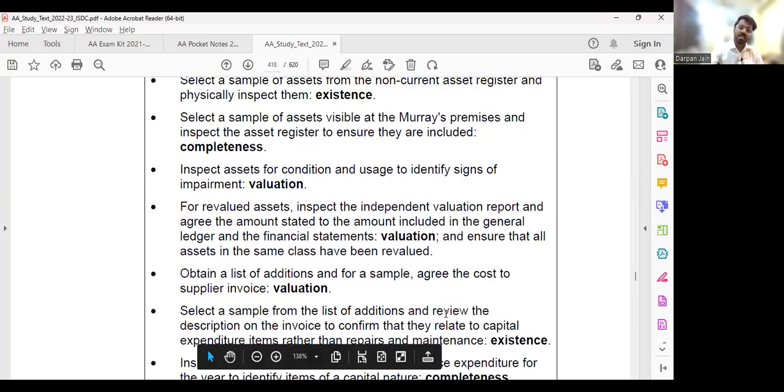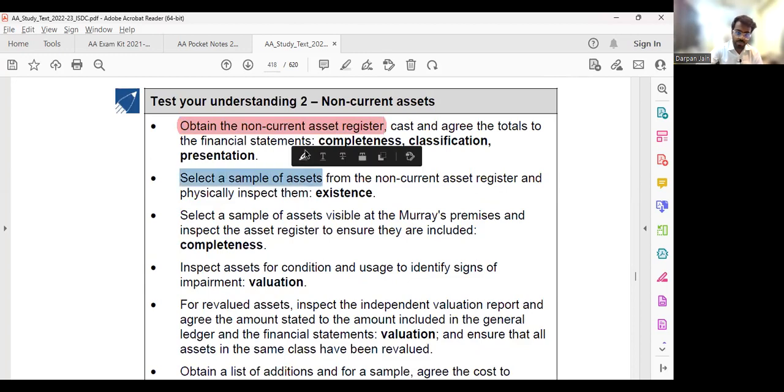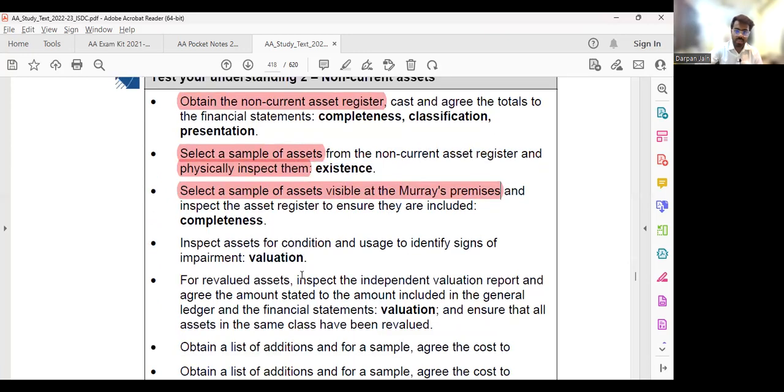Impairment, I'm sure you must have studied in your accounts, right? So first one was obtain a non-current asset register, select a sample from the register and physically inspect them. Then select a sample of assets visible at the premises and see whether they have been recorded. Then inspect their condition for impairment, see whether there's a requirement of impairment.